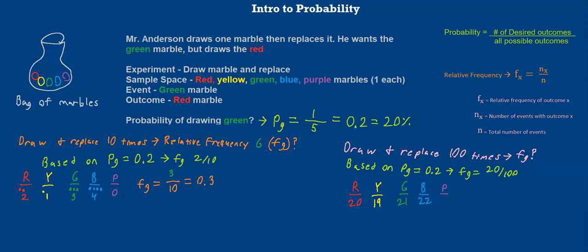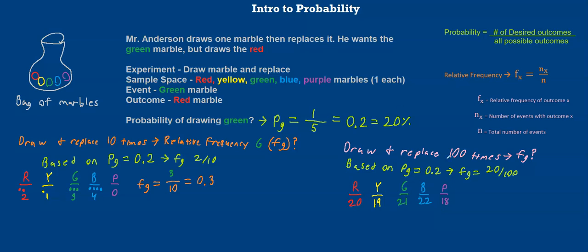And so what does that leave us with? What would we have to get for purple to make these numbers true? 19 plus 21 is 40, plus 20 is 60, plus 22 is 82. So what we have left is 18, a little bit less than 20. If you think about it, these numbers make sense. You might not expect to get exactly 20, but you should expect to get within 3 or 4 of 20 for each individual color.